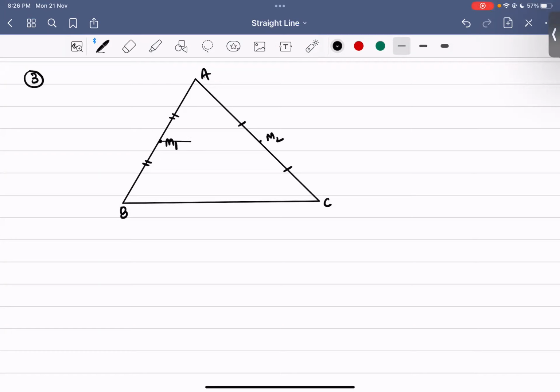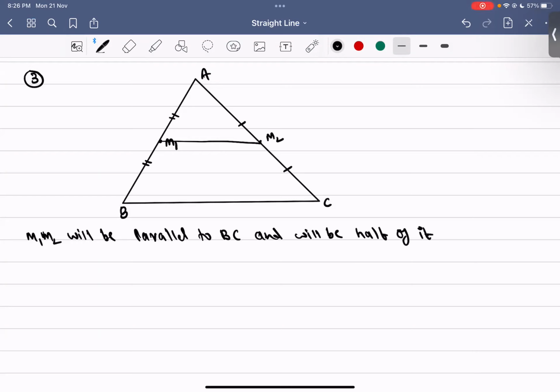Now you join M1 and M2. So this M1M2 will be parallel to BC, and will be half of it. So this is the next point.